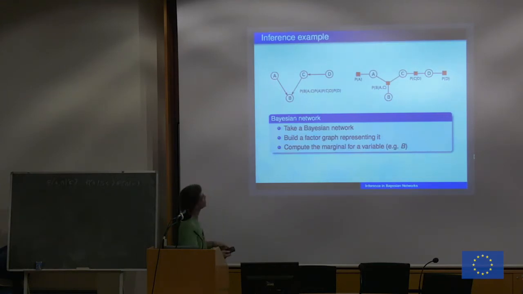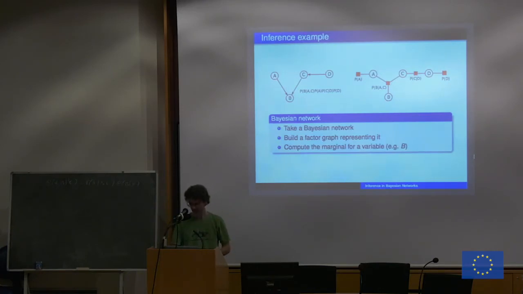And the idea is to send all messages all the way to B. If I see this starting from B, it's a tree, with B as a root. So I can take the leaves and send messages from the leaves to B. And when the messages reach B, you take the product of the messages. And this gives you the probability.